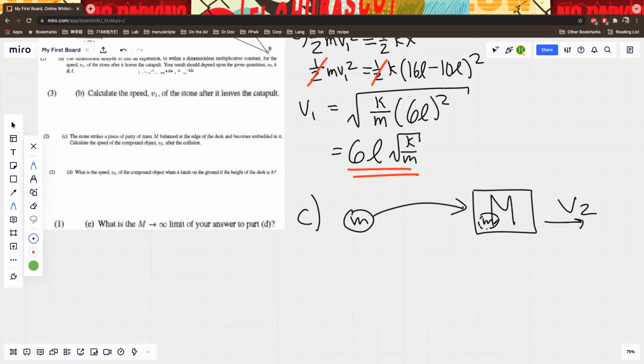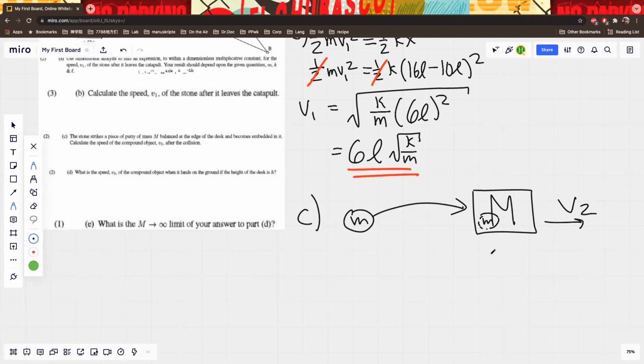All right. Do we know how to do this? We want to calculate the speed v2 of the compound object. That's the putty plus the stone.